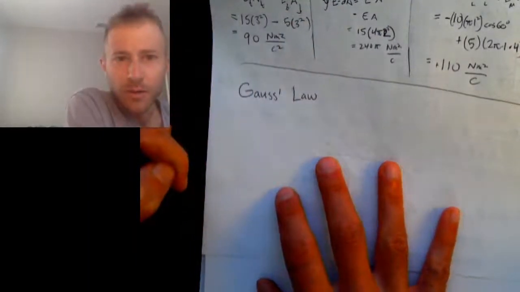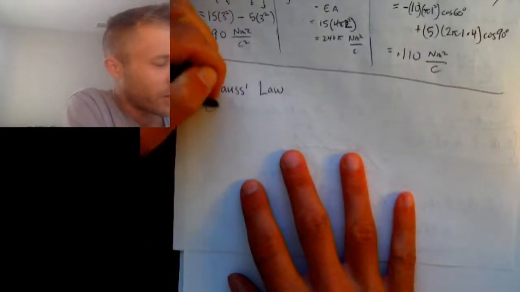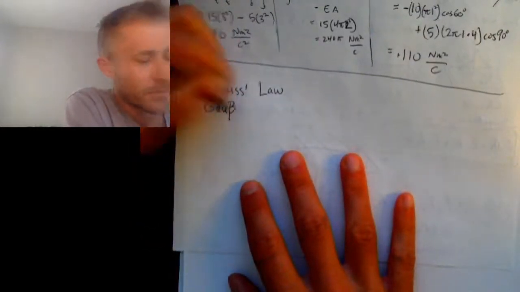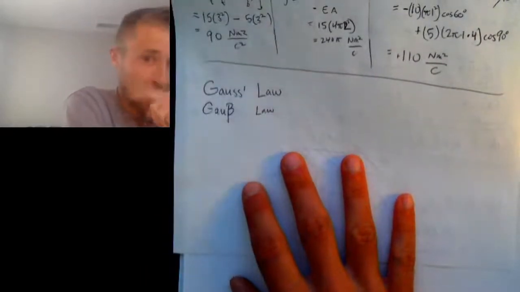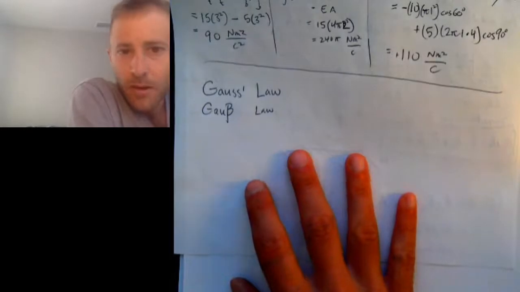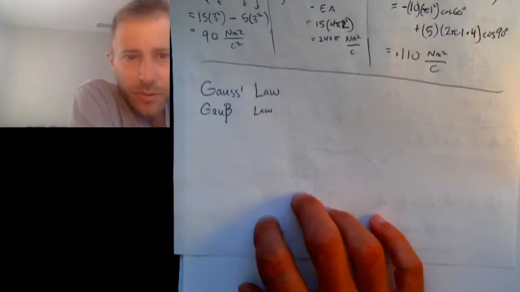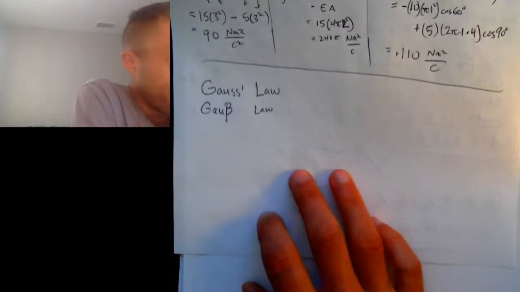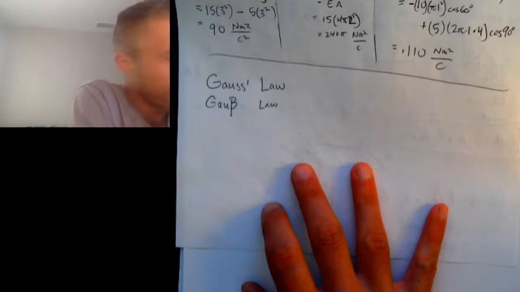If we want to write it in the German way, we could write that, because Gauss was German. One of the most brilliant mathematicians of all time.